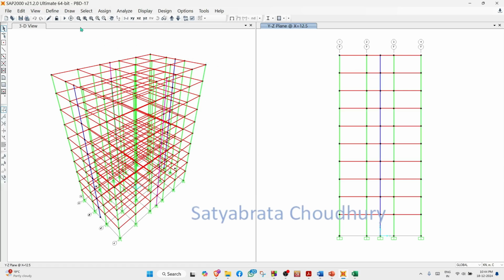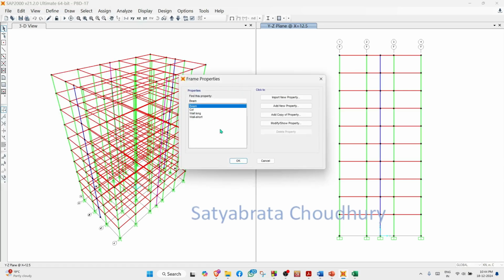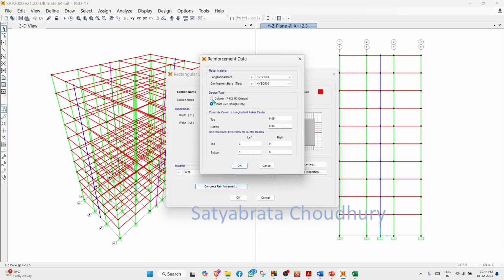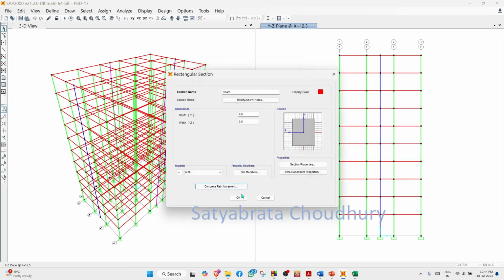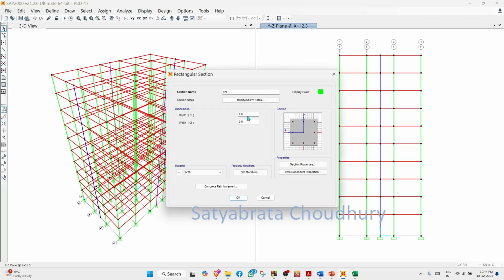Now let us go to this section: define, section properties, frame sections. We have taken a beam section, which is 0.6 meter deep and 0.5 meter wide. In the concrete reinforcement, you have to mention that it is a beam with M3 hinges. Then we have taken a column section, naming it COL, and the section is 0.6 by 0.6 meter.